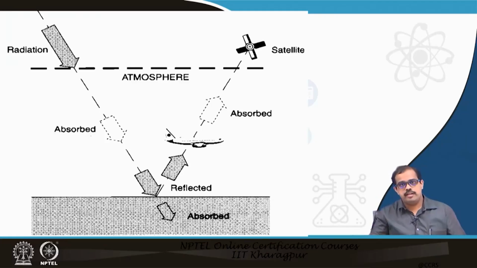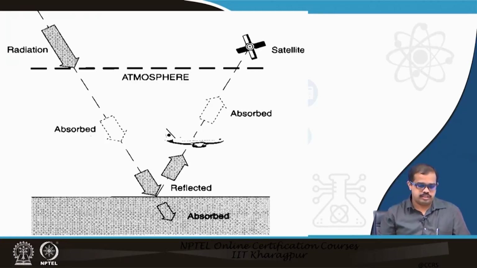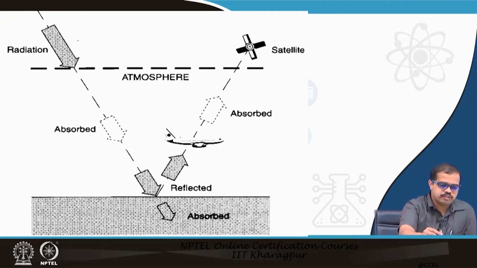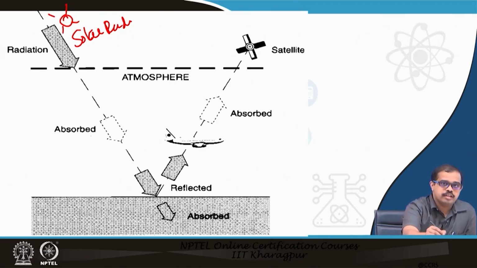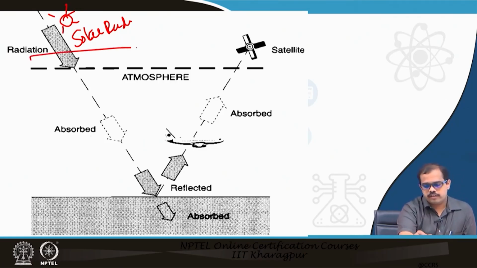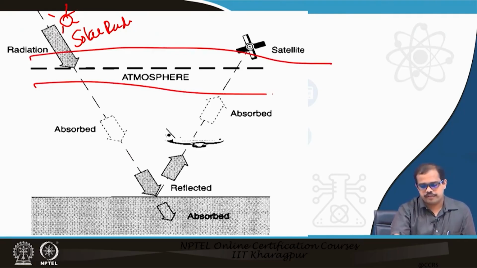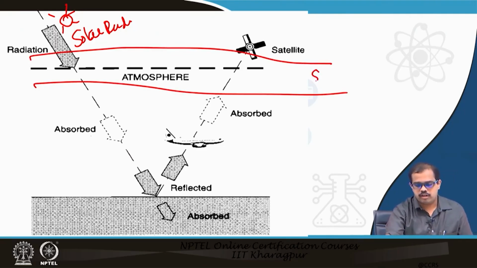To explain more about how this works, first you have the solar radiation. Let us say this is the sun, and this solar radiation is coming towards the Earth's surface. Once you have the solar radiation, you have a thick layer of atmosphere here. There you have phenomena called scattering and absorption.